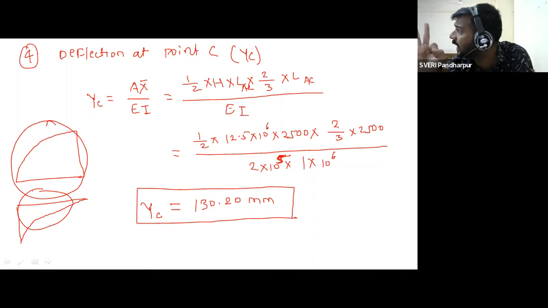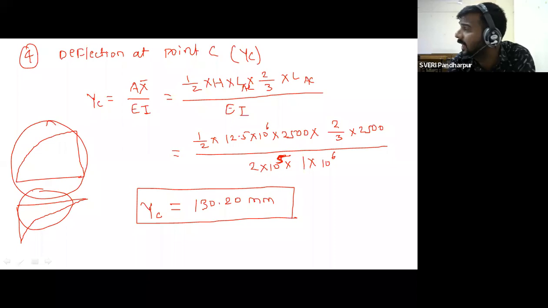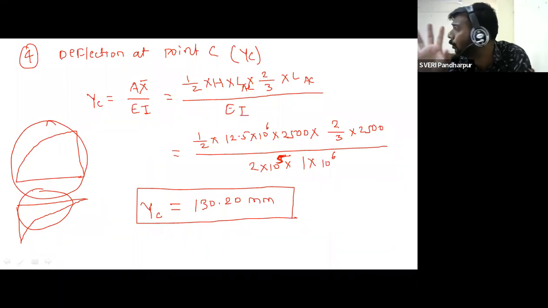These are the three standard methods of slope and deflection. If you solve a problem by any method, the answer will be the same. Only the procedures are different. But as per your syllabus, you have the introduction part of the Macaulay method, so we will discuss that at the end. But still, you have some other numericals. Now, this is the moment area method.